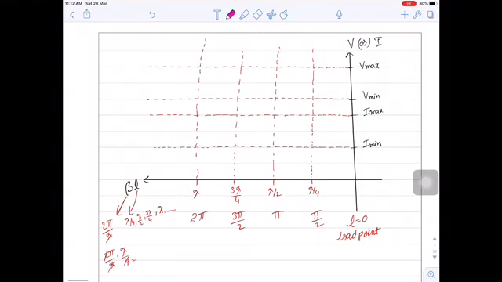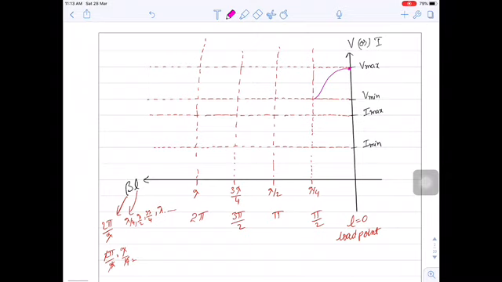So, let us assume there exists a voltage maximum at the load. That means at the load the voltage is having its maximum value. If the voltage is having its maximum value, as you move towards the generator, this voltage will go from maximum to minimum.